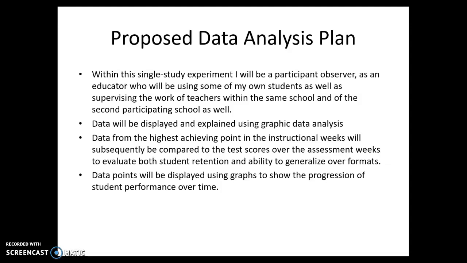Now, this could potentially look a little bit different once I submit, but overall, within the study, I would be a participant observer as well as an educator. Some of my students would be used.